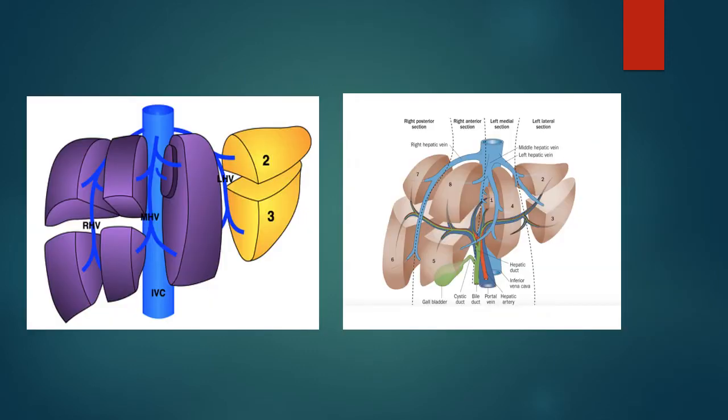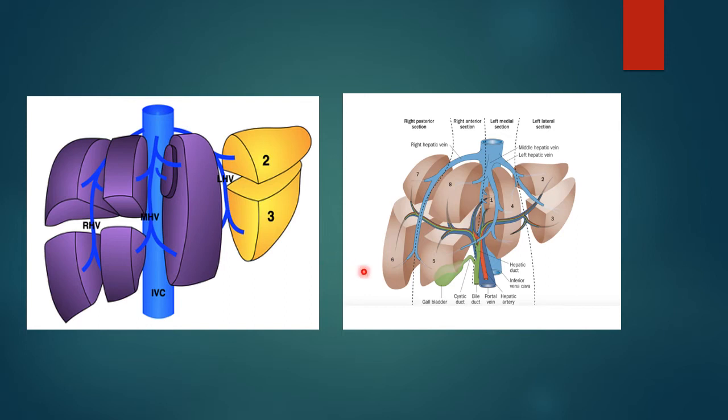Now in these diagrams we can see how the veins are present in these fissures. This is the middle hepatic vein, which is present in the main portal fissure. This one is the right hepatic vein, present in the right portal fissure, and this one is the left hepatic vein, which is present in the left portal fissure or umbilical fissure.